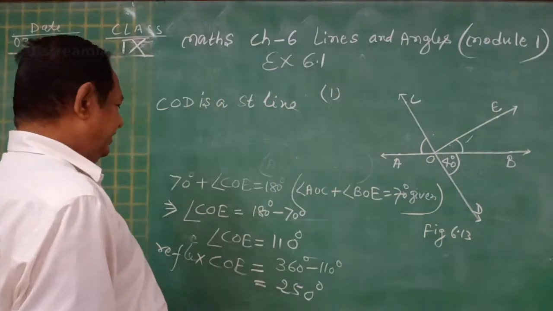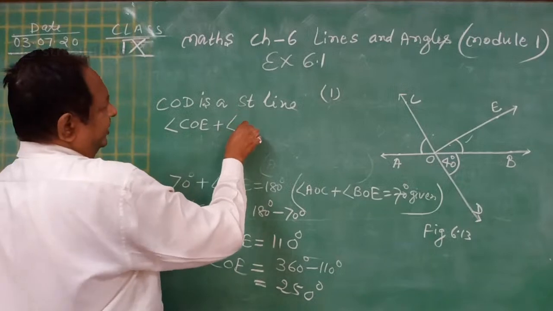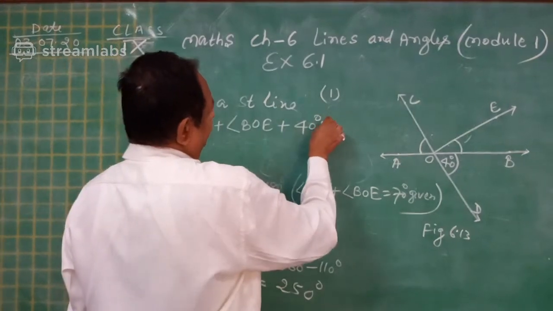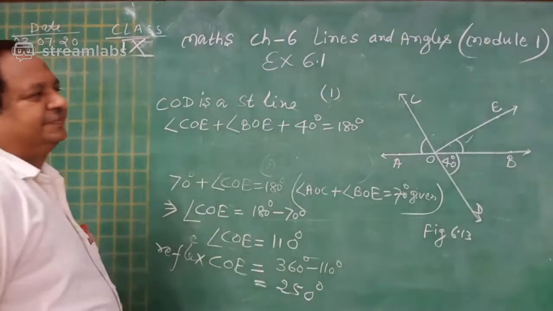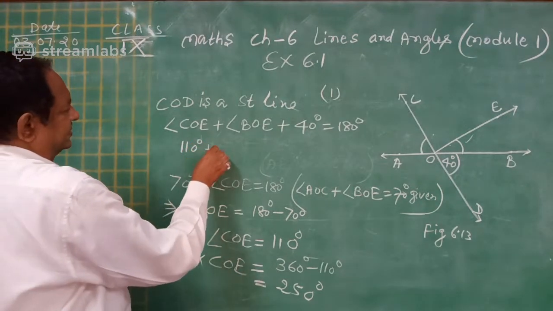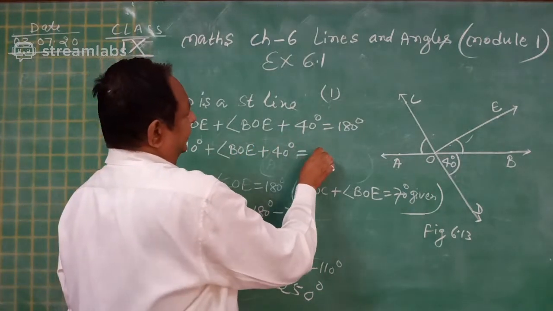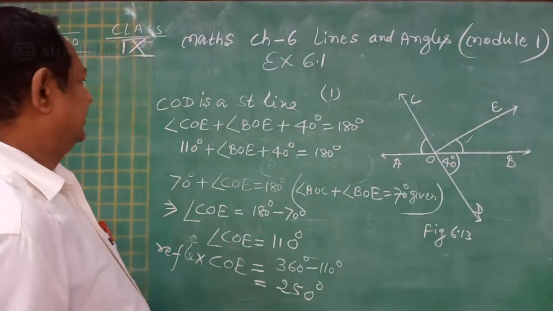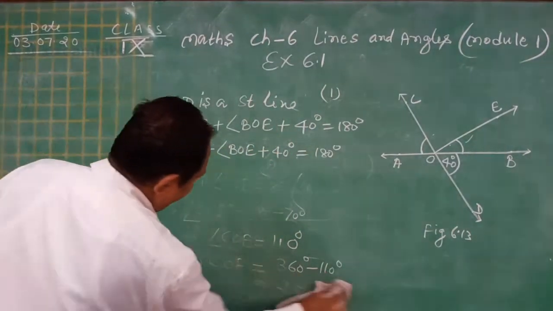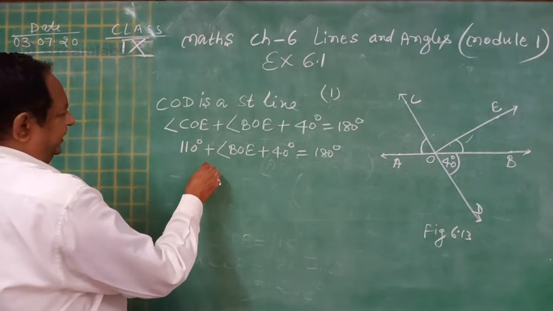So angle COE plus angle BOE plus 40 degrees will be equal to 180 degrees. Now COE is 110, plus angle BOE, plus 40 degrees is equal to 180 degrees. Now add 110 plus 40, 150 degrees.